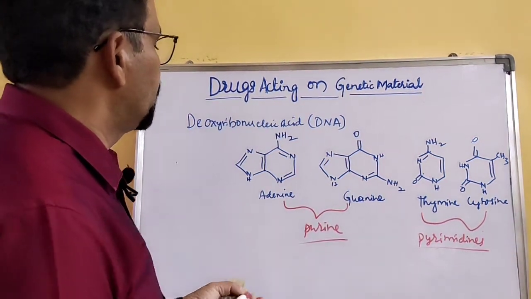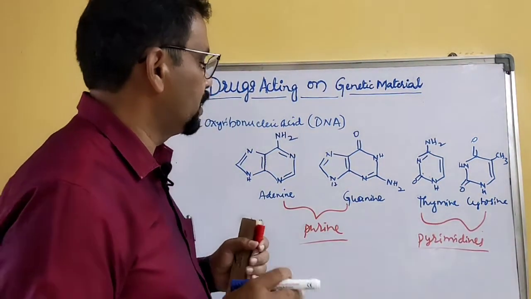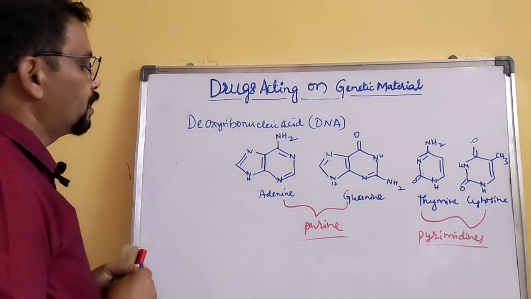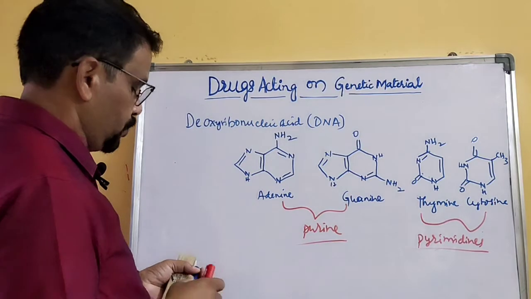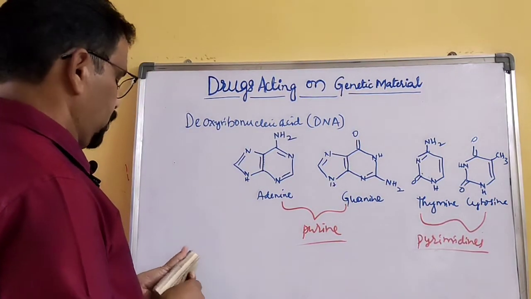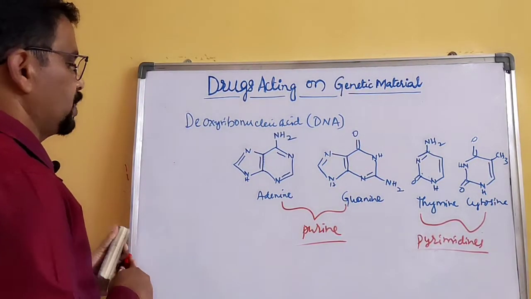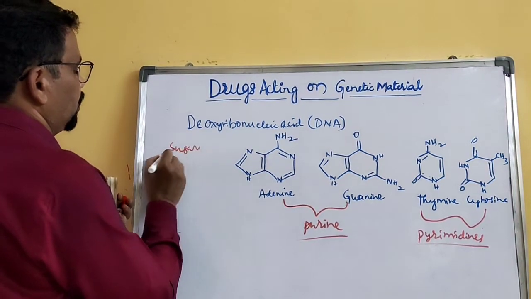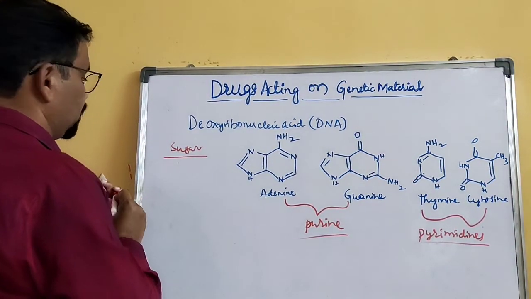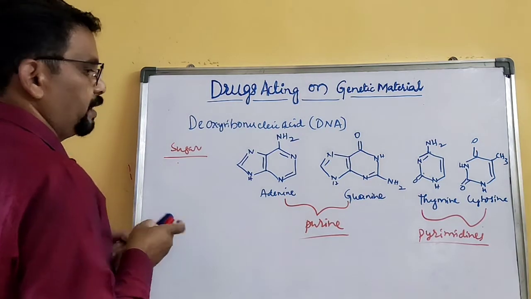So these are the bases that exist in the DNA structure, and along with these bases, sugar moieties are also present. What is the sugar structure that exists in DNA?